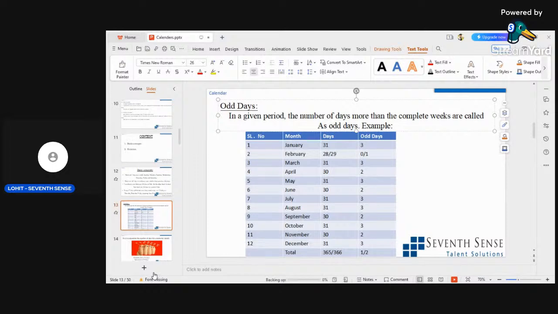Can you tell me how it is 4? Okay, you've given the correct answer, but if you want to tell how you got 4, what is the reason for getting 4?